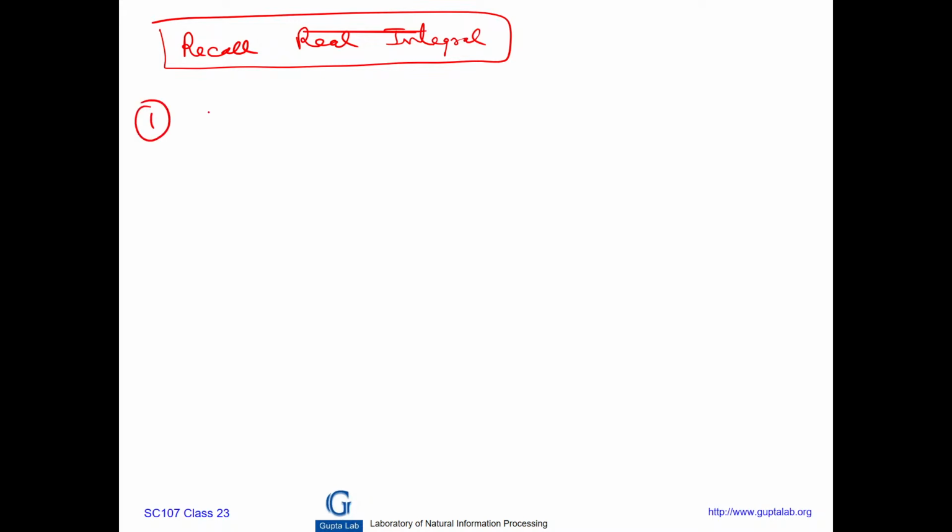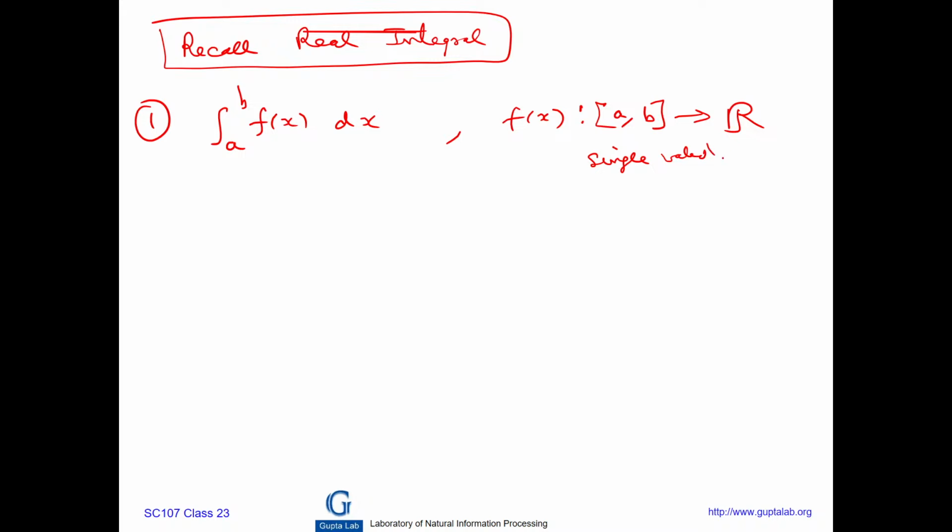Definite integral a to b f of x dx, where f of x is a function from closed interval a and b, two reals. So f is a single valued function. For every x in closed interval a comma b, the function is defined.